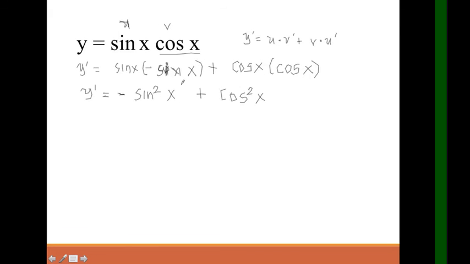Okay, kumbaga parang pag multiply, dati alam natin yung squared, lalagay natin sa x. But now here, we'll just put this squared in the sine or cosine or in the trigonometric symbol. So we have negative sine squared x plus cosine squared x.